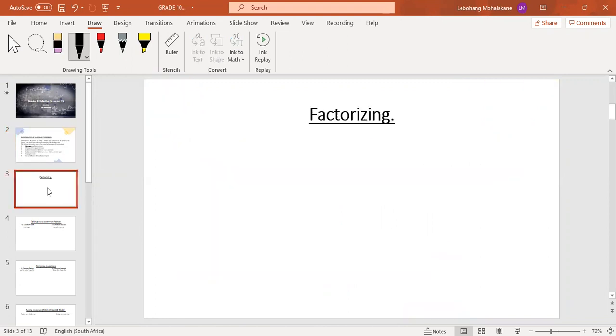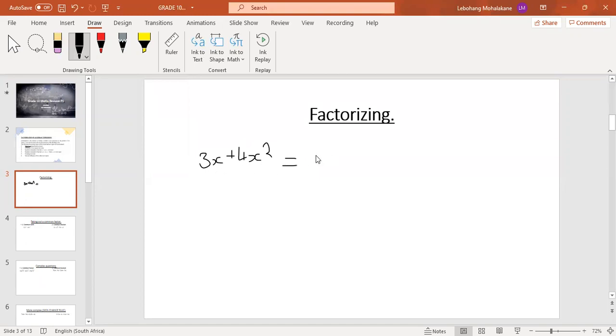So basically what you need to understand about factorizing: if, for example, I have 3x plus 4x squared, this is an example of taking out a common factor.